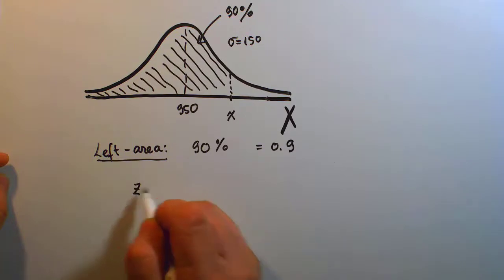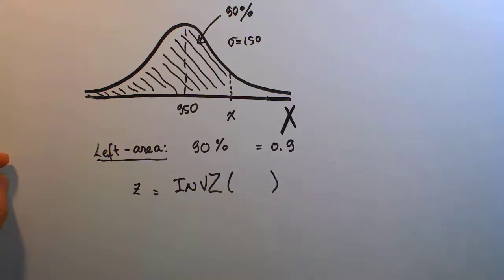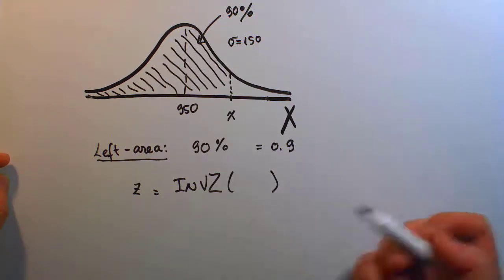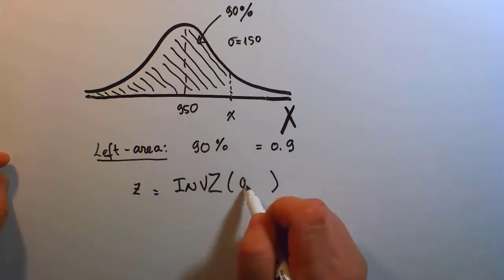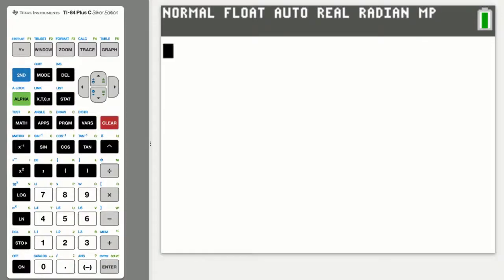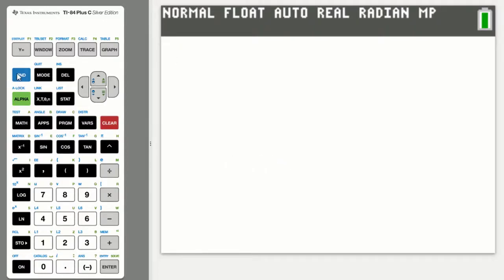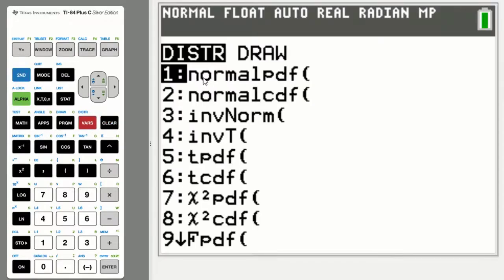To find that, I use my InvZ program, but as I said many times, there are many other programs out there, either as a web tool or as a software program, that allow you to invert an area to the left to find out what z-score that is. On the TI-83 or 84 calculator, we can again call up the invNorm command by accessing 2nd, Vars, which takes us to the menu that displays all the distribution functions for stats.